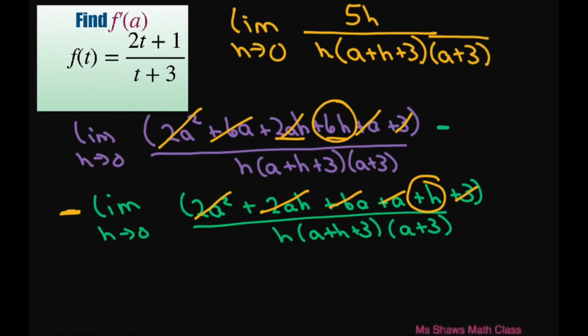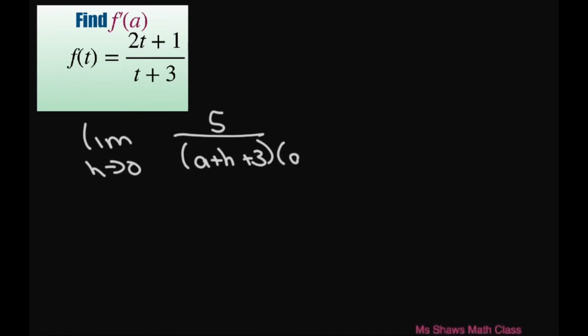All right. Now let's go ahead and just cross out the h's. And at that point, we can just write this as the limit as h approaches 0 of 5 divided by (a plus h plus 3) times (a plus 3). So let's go ahead and substitute in 0.